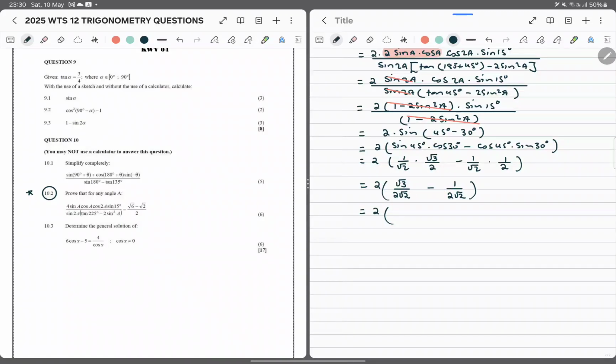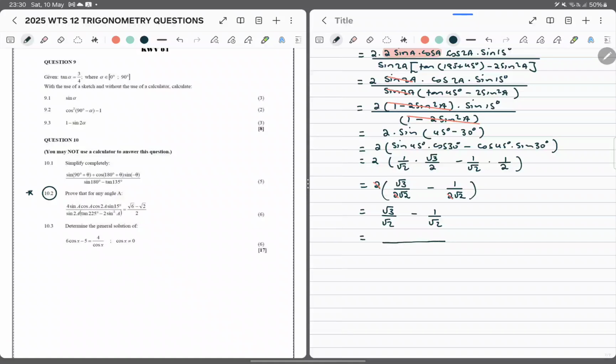I think to FOIL out is much better than to go the common denominator route. Let's just FOIL out. So when we FOIL this out, this 2 will take that 2 and that 2 into the other one. So what do we end up with? Root 3 over root 2 minus 1 over root 2.